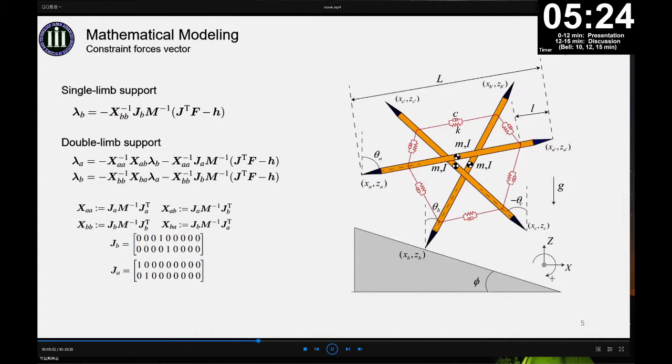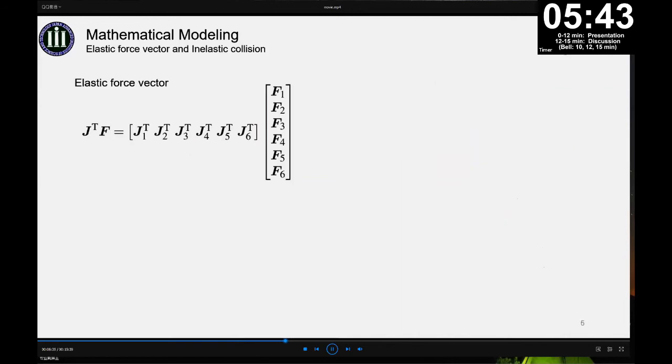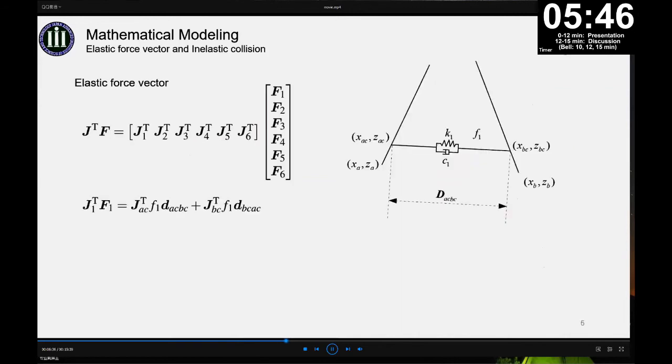We can find that this is consistent with single leg support, so we can give the conclusion that the constraint force of each limb is independent of each other, whether it is single leg support or double leg support. The elastic force vector is shown in this formula, which is composed of the tension force generated by 6 cables, and here we take one of the cables as an example to analyze it specifically.